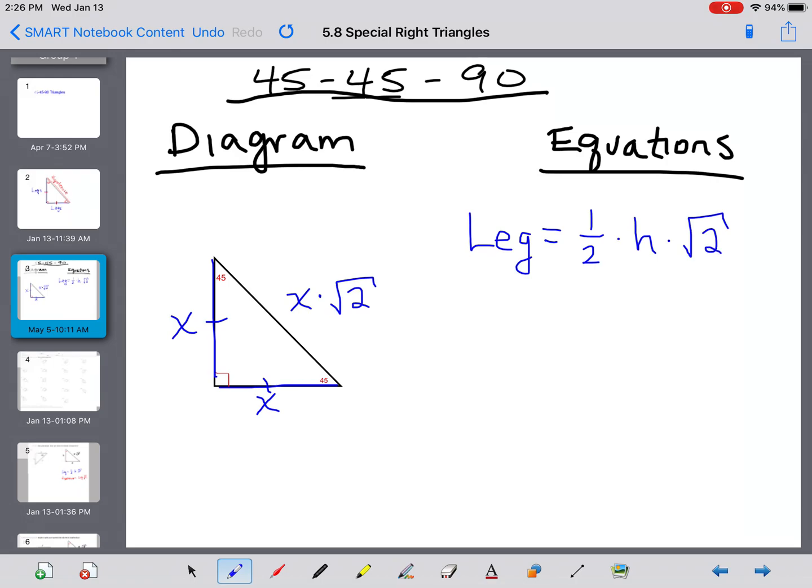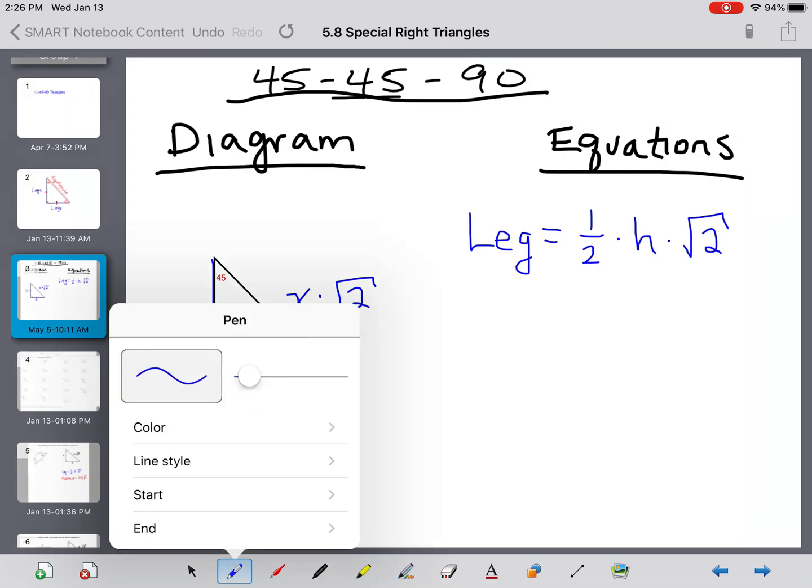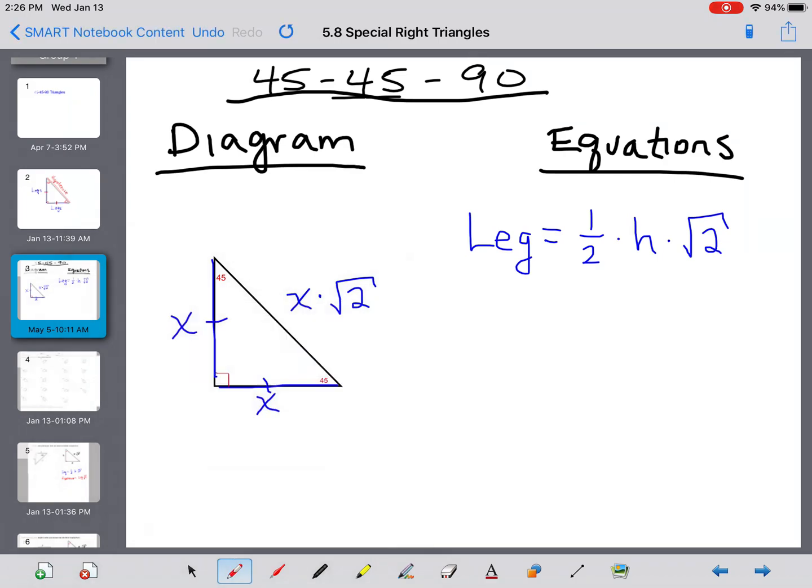So in a problem where we're given the hypotenuse but don't know the leg, we could plug the hypotenuse into this equation to solve. The equation to find the hypotenuse is equal to the leg times the square root of 2.